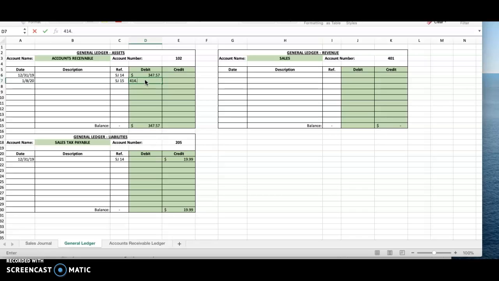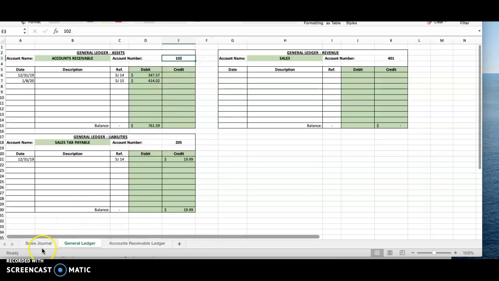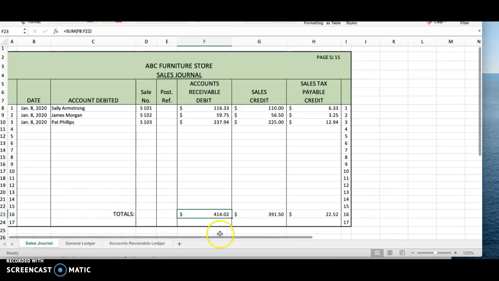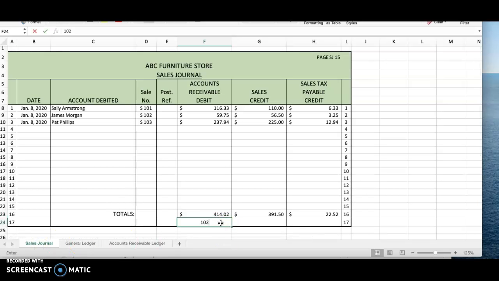And the balance obviously increases. It's account 102, and back in the sales journal, we put the account number. So very simple there.